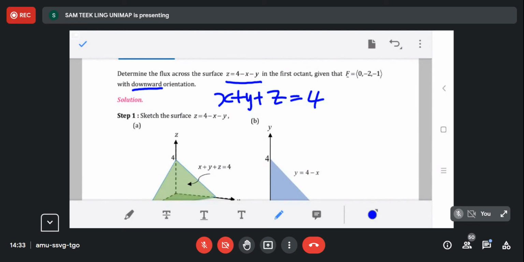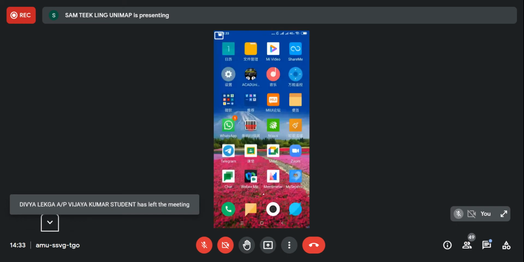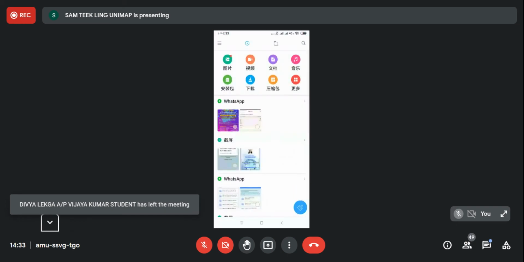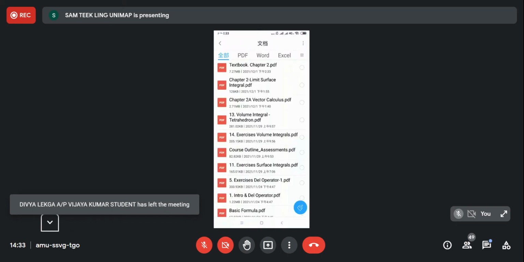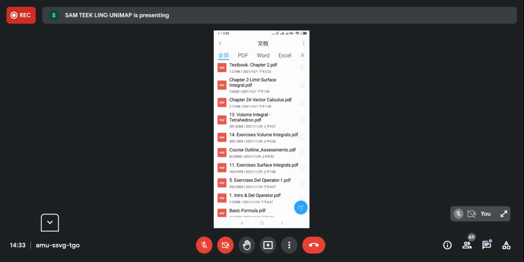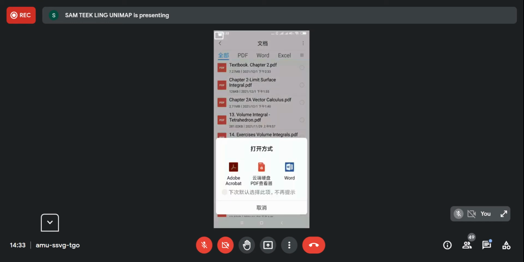So now we will go to how to sketch a tetrahedron. Because your volume will be based on the picture, your surface is also the same. So how to sketch? I put it in the Google Classroom already. You can go to volume indicator tetrahedron.